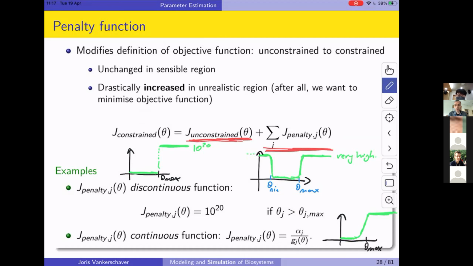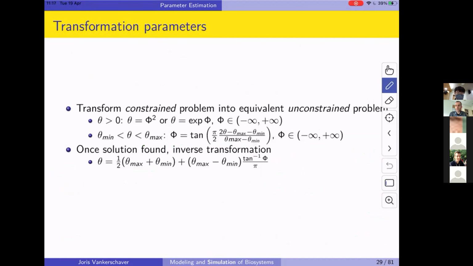So what you end up doing, to put it in other words, is you soften the slope or the jump a little bit, but as a result, that jump gets softened, which means that the parameters have a little bit more flexibility to maybe stray a little bit in the zone where they are not supposed to be. So that's one approach. Let's quickly look at the other approach, and then we'll stop for a break. So the other approach is to transform your constraint problem into an equivalent unconstrained problem.